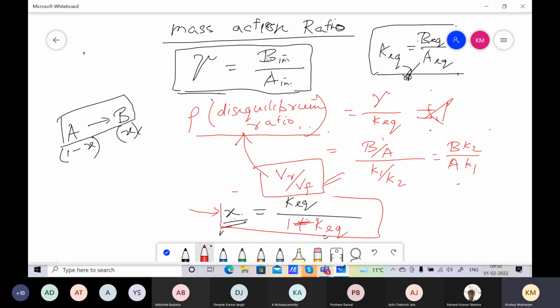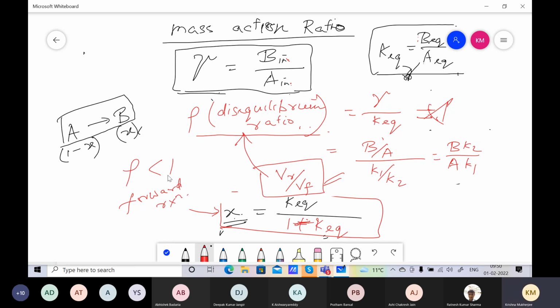So we defined a mass action ratio, which is the actual B upon actual A inside the cell or inside the reactor, and we defined an equilibrium ratio, which is given by B equilibrium by A equilibrium, equal to K1 by K2. We just know that simply. So the disequilibrium ratio becomes the ratio of the reverse reaction to the forward reaction. So essentially, what are we saying? We are saying that when rho is very much less than 1, then forward reaction is taking place.